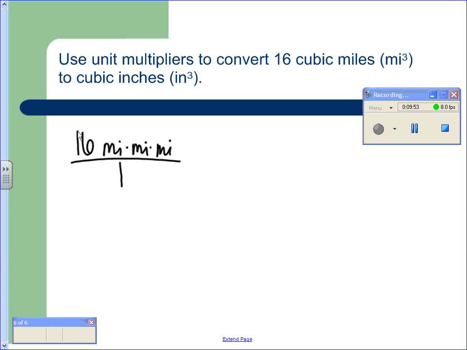Do you agree? Okay, what am I going to start with? What goes here? Are there 5,280 feet in a mile? Does that make sense? So now what?